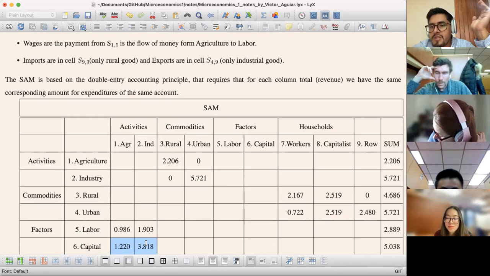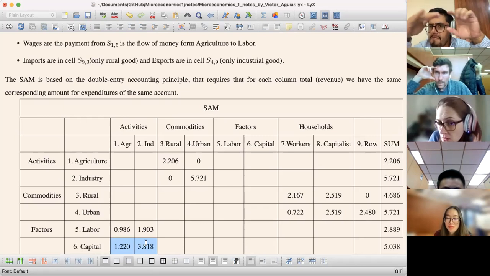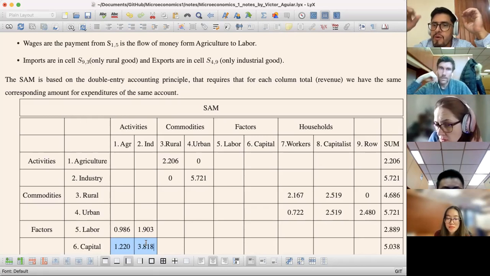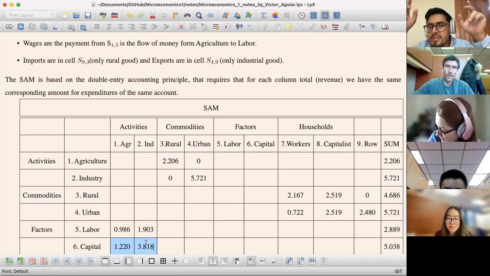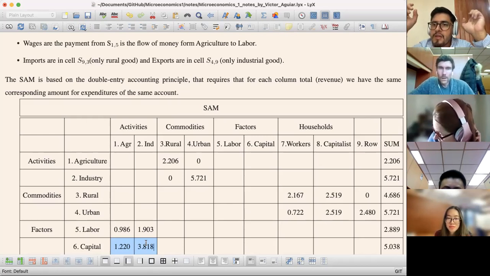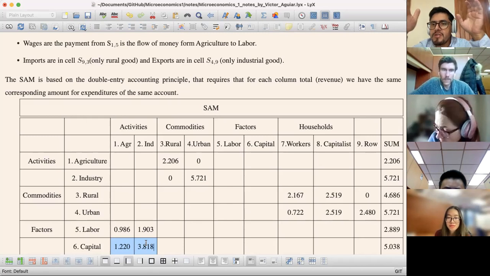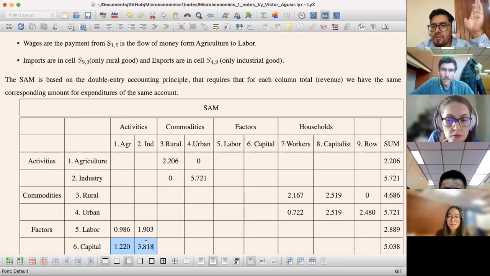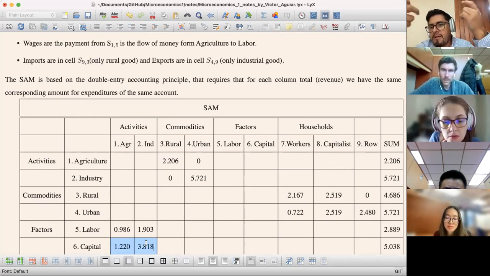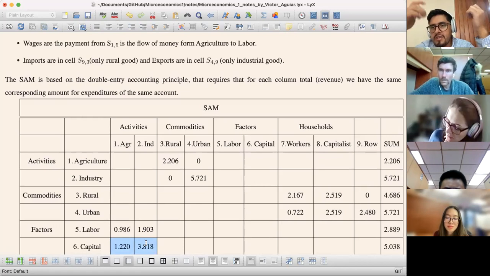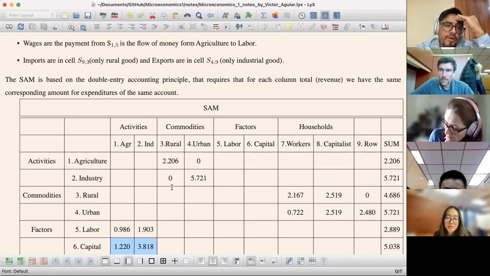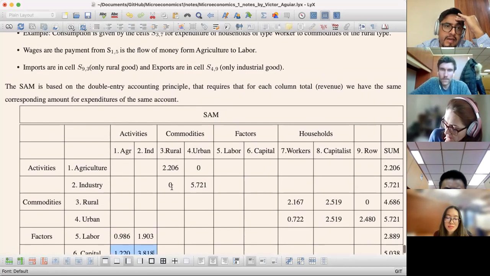In real life, when you go to a central bank, you can have very fine sectors. So remember that there is usually this industry code, right? That essentially each country generates to classify the different industries or sectors in an economy, right? So the level of definition of that industry code is the one that gives you the national accounts.